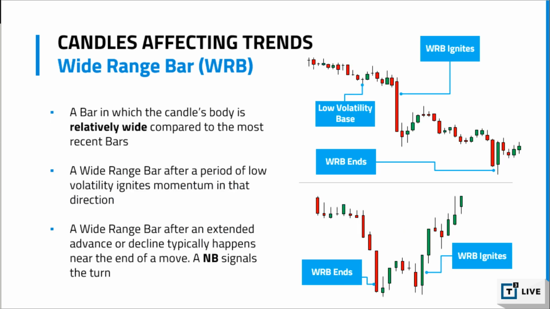We also talked about wide range bars, how wide range bars, just like wide range volume bars, ignite new trends when they come at the beginning of a relatively quiet period, or act as exhaustion, a signal that the trend is over if they come after multiple bars down already.